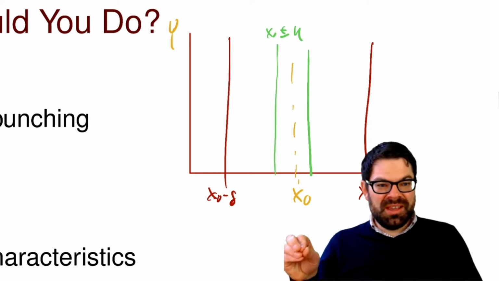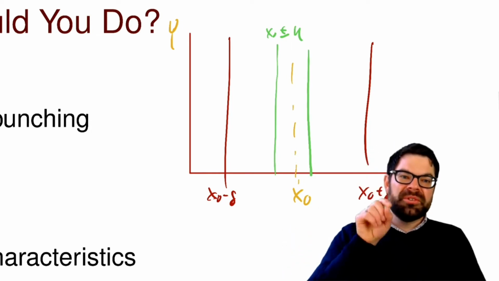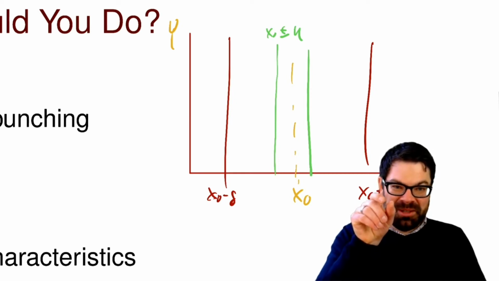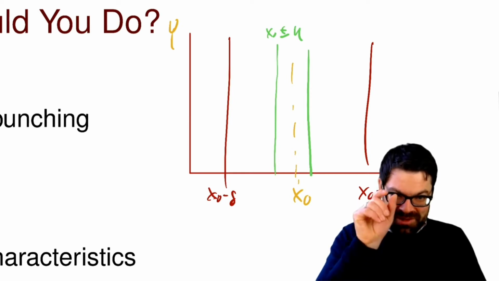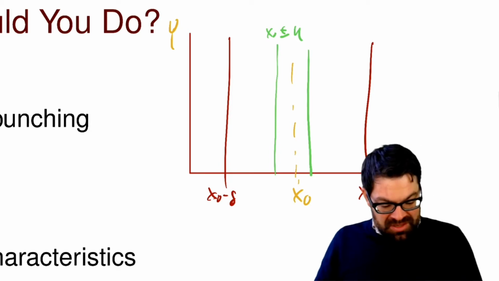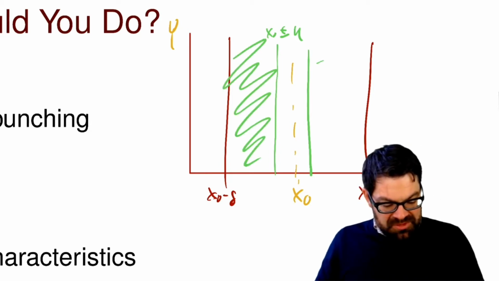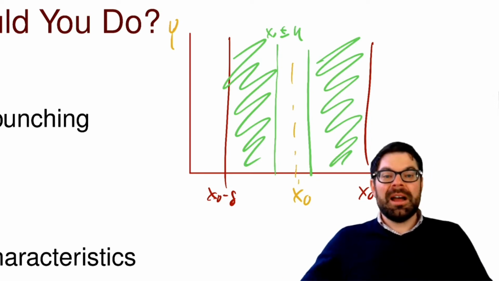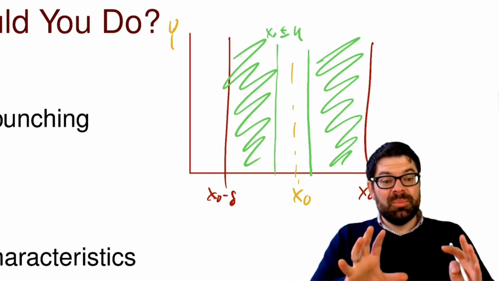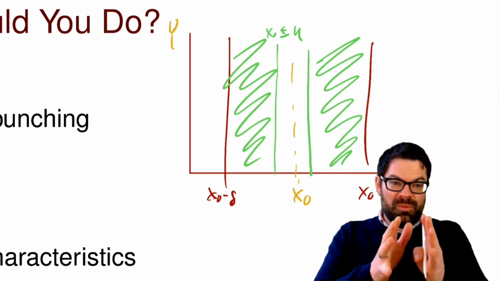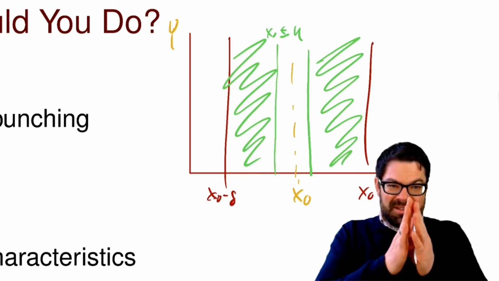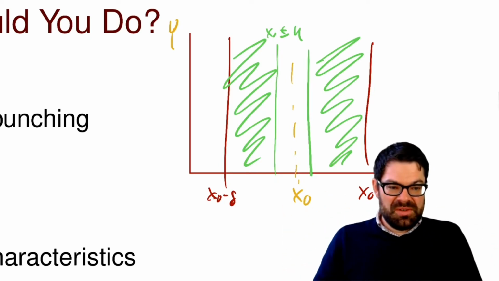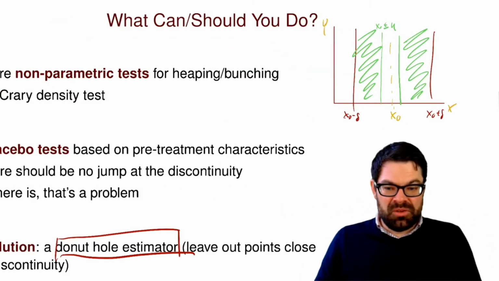And so what you do is you leave out observations within that narrow bandwidth, that green one, that is, you leave out the donut hole, and you then only use observations that are within your bandwidth but not within the donut hole. And how this is done in practice is that we typically make that inner bandwidth smaller and larger and see if the results change.